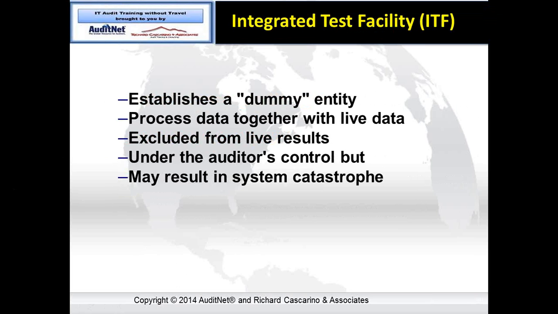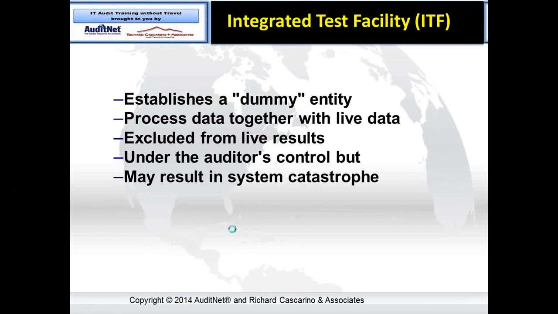This will not win you friends and influence people. So ITF, very powerful. The problem with it is you do it without telling anyone that you're doing it, because that could influence the test. But the ones who are going to have to pick up the pieces if you crash the system are IT. And the ones who are going to get the blame for a crash are IT. Don't expect them to be happy if they find out that auditors were testing the system.